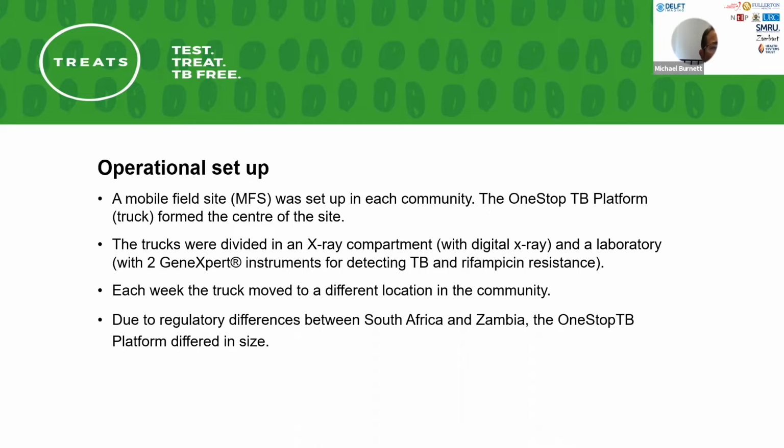One is an X-ray compartment with a digital X-ray, and the second component is a laboratory with two GeneXpert instruments for detecting TB and resistance. Each week the truck would move to a different location within the community. And due to regulatory differences between South Africa and Zambia, the OneStopTB truck platform had to differ in size for the two countries. Next slide.